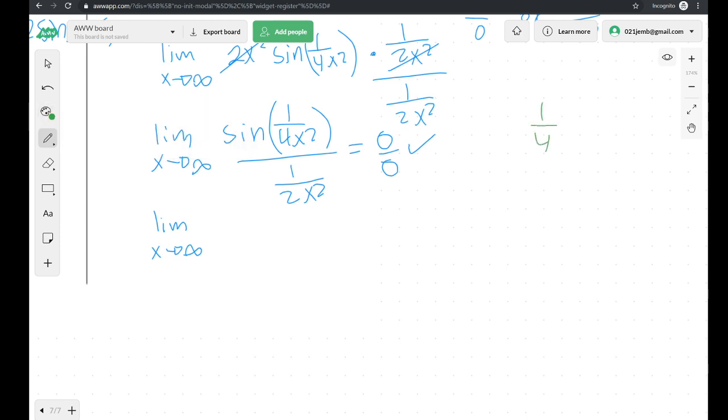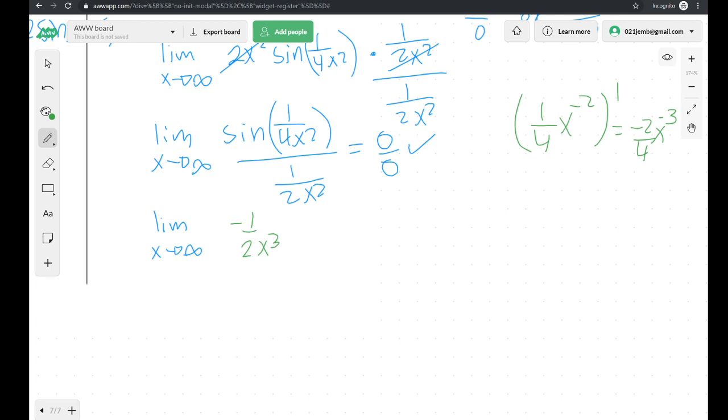1 over 4 times x to the negative 2. If you take the derivative, you get negative 2 over 4 times x to the negative 3. Well, not really the chain rule, it's just the power rule, but we manipulated it algebraically. So this is basically negative 1 over 2x cubed, times the derivative of the outside.